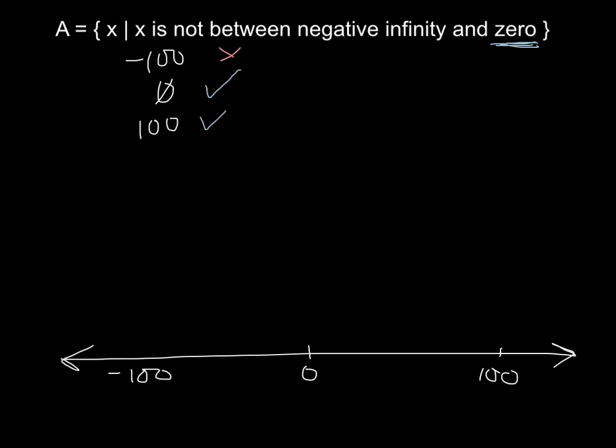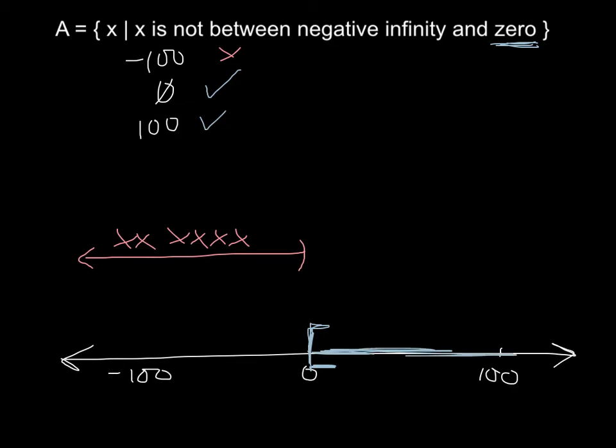The bad area is between negative infinity and 0. This is where we don't want to be. So what we have left over is everything from 0 to positive infinity.